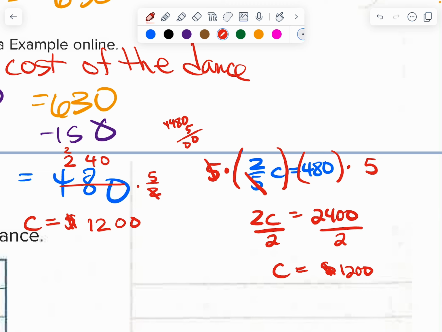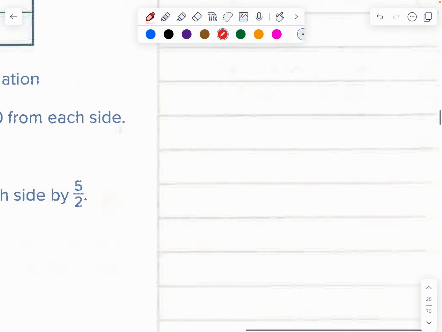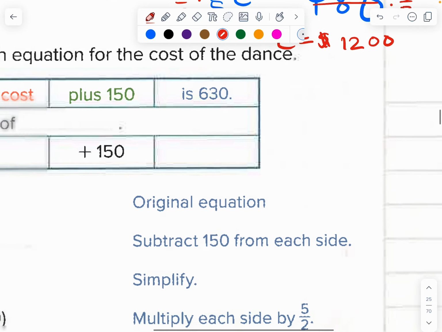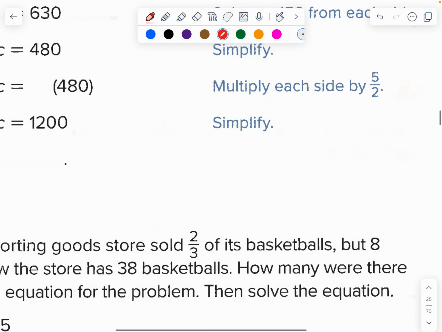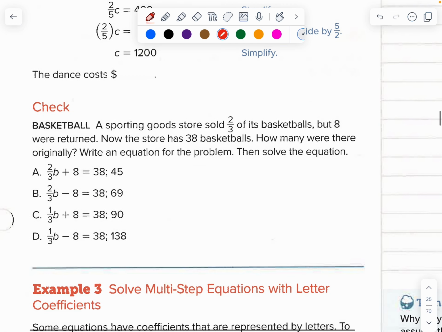Okay, so let's go to the next one. It says a sporting goods store sold two-thirds of its basketballs, but 8 were returned. Now, the store has 38 basketballs.